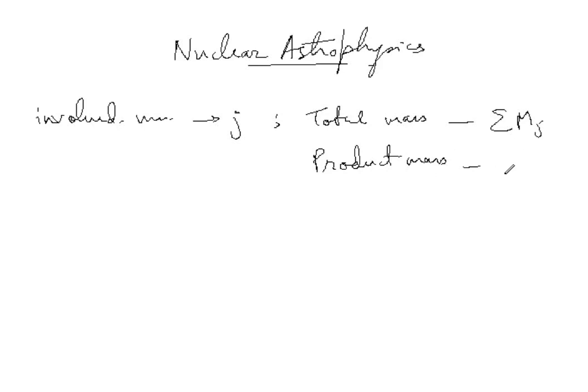Okay, so let the product mass be my, and the difference is basically known as mass defect. You know this in your nuclear physics class, right? So mass defect is basically the difference.